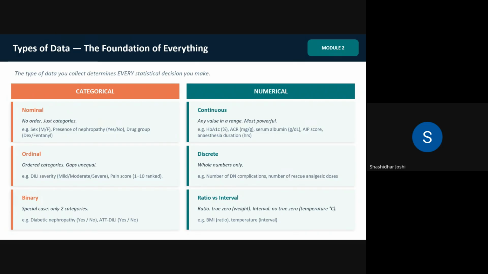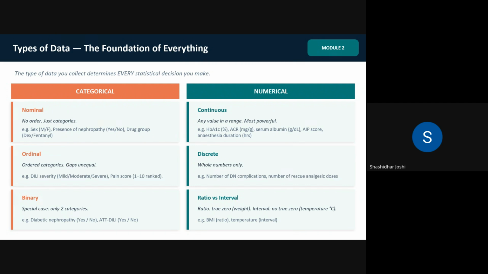Ordinal variable, the next one, is ordered categories. Gaps are unequal. For example, the pain scale, severity of pain, has four categories: no pain, mild pain, moderate pain, severe pain. I think there's a research question on DILI severity.